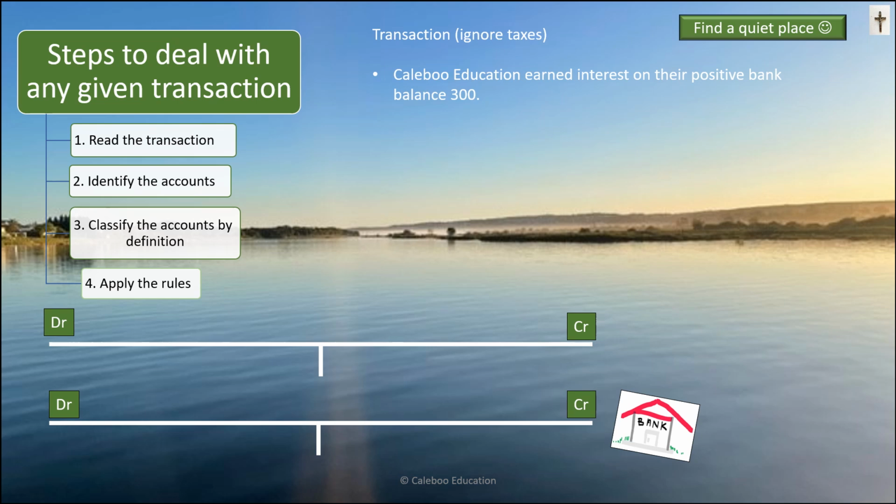Let's have a look at the next transaction. It says Calibu Education earned interest on their positive bank balance. So in the bank account there is money, and Calibu Education is earning interest on that positive bank balance, as the bank is using Calibu Education's money to invest elsewhere, and the cost of them using the money is interest Calibu Education earns.